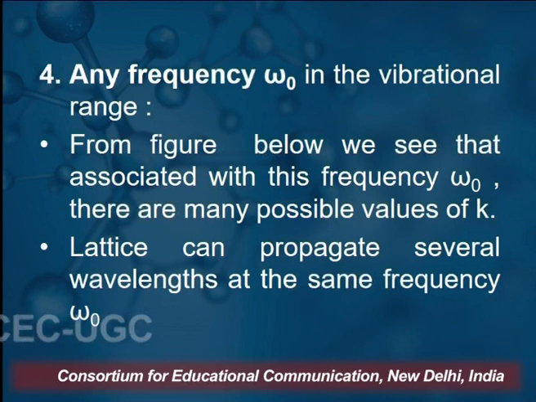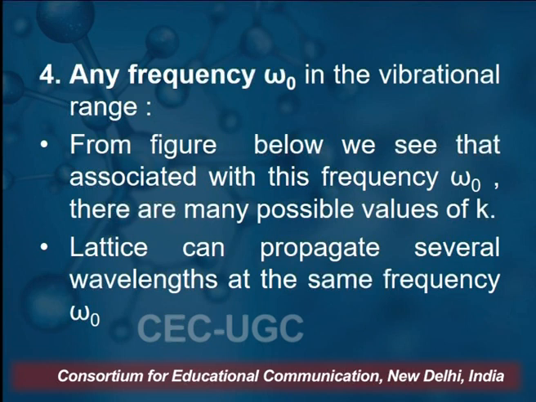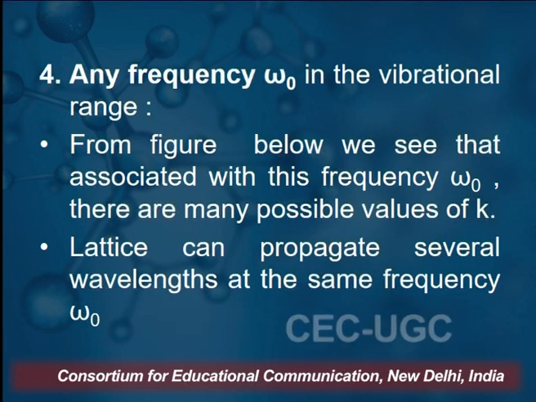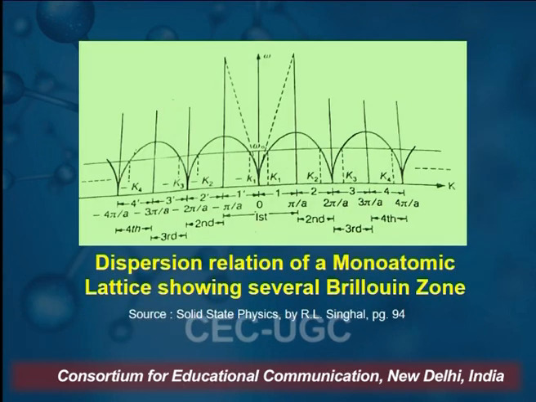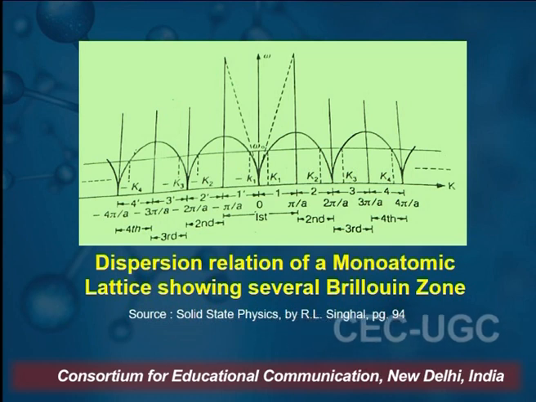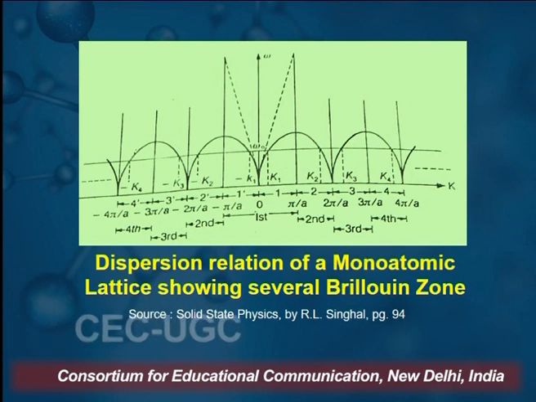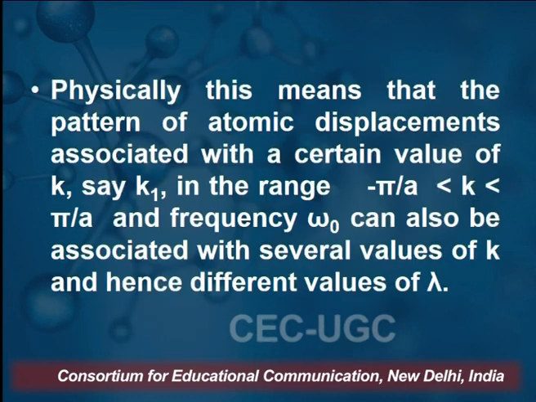Now, let us consider any frequency omega naught. Then what we find is that for any value of omega naught, there will be a range of possible values of k which will give the allowed solution.